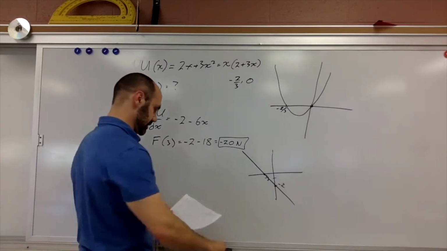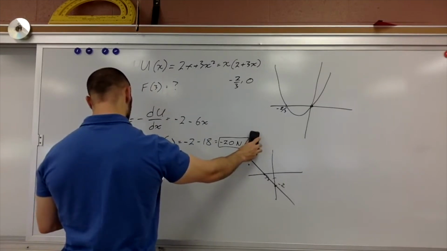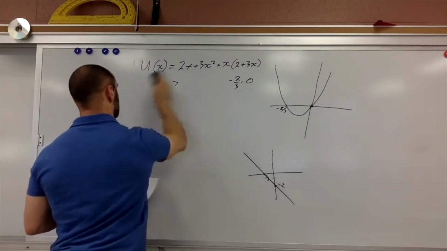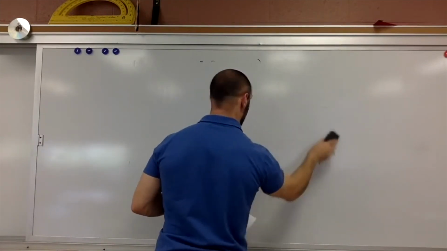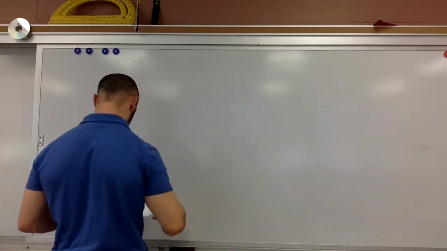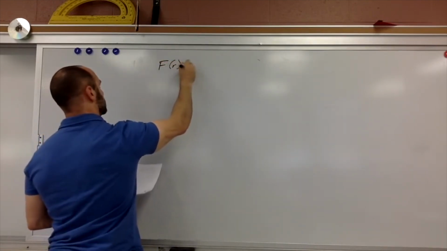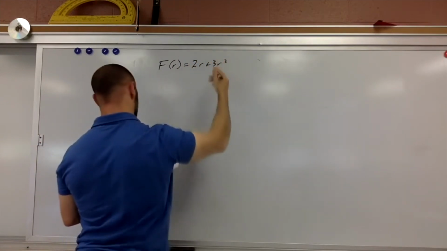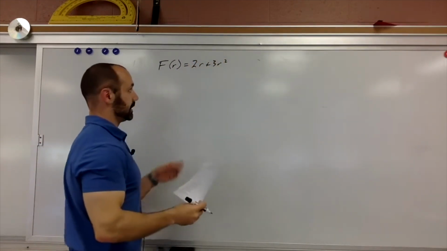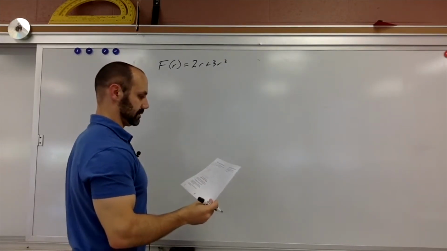So next one, using calculus relationships, B. Now we're given the function as force. So F(r) is 2r plus 3r squared. It's the same as before, except now it's force and not potential energy.